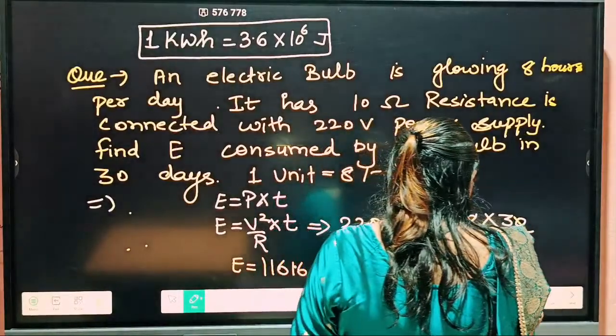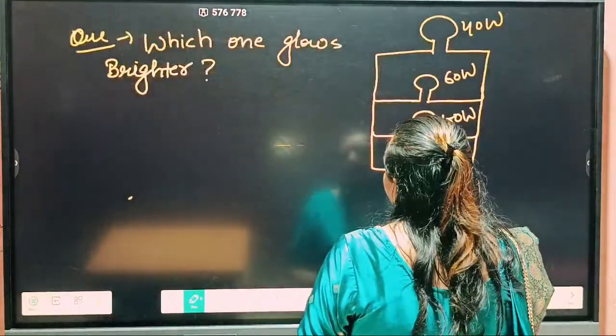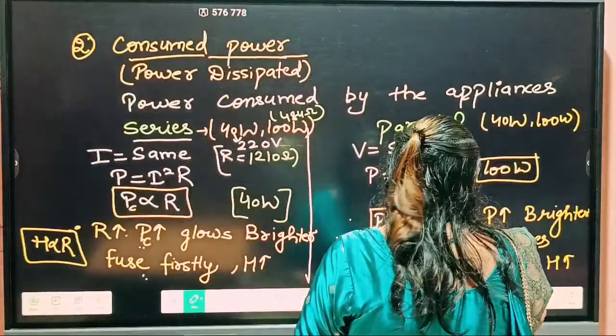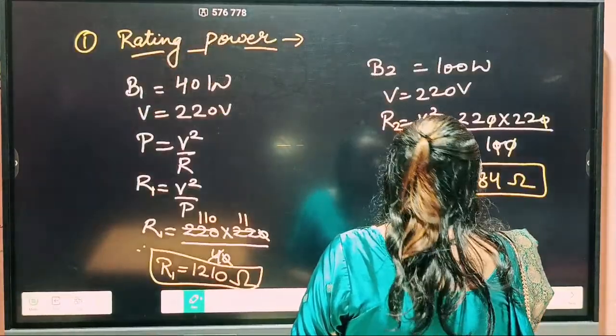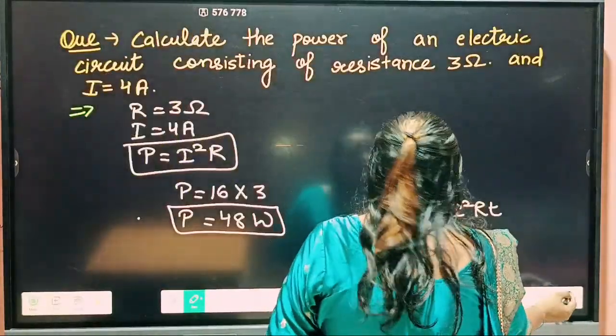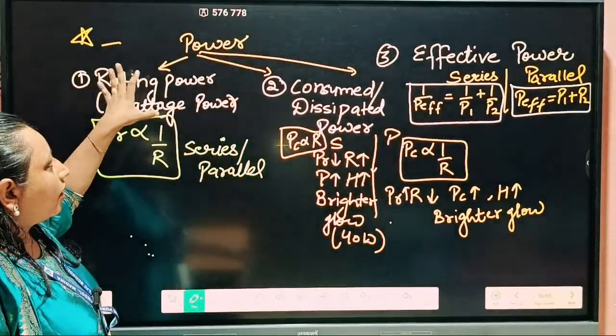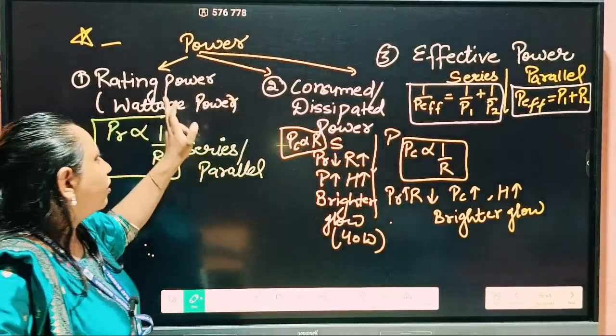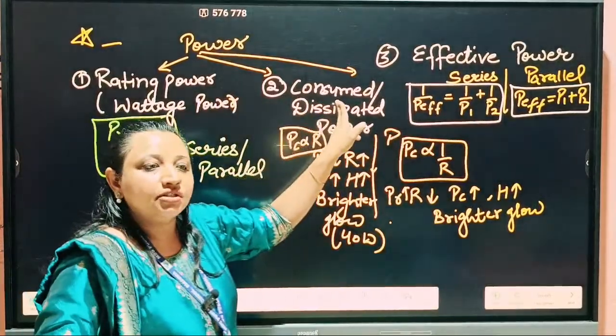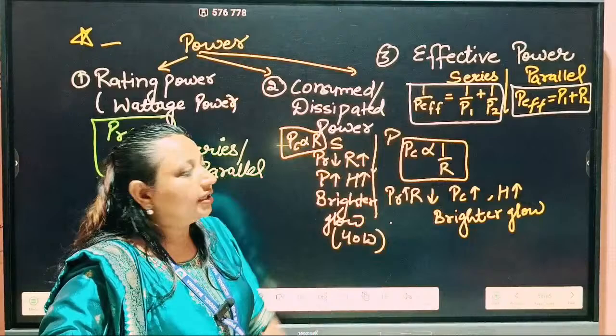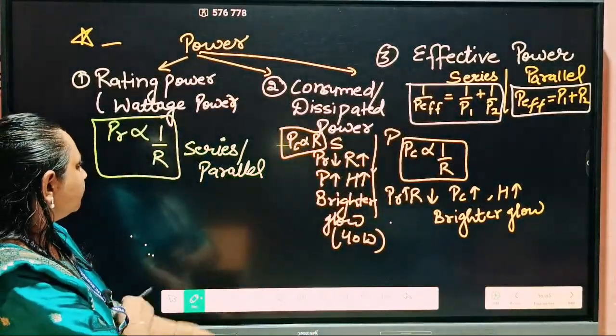Summarize the important ones once. We have 3 types of power. First, rated power or wattage power. Second, consumed or dissipated power. Third, effective power.